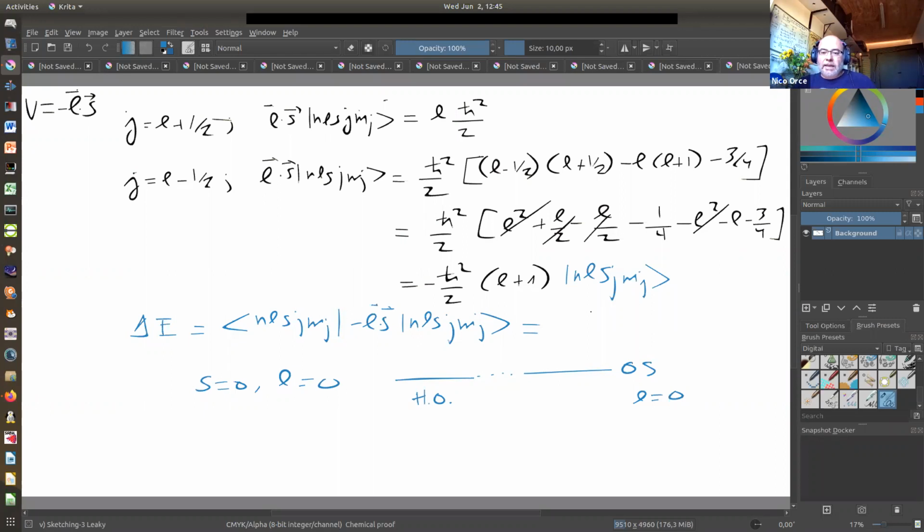So delta E is equal to 0, right? Because at the end, this energy here is equal to l h bar square over 2. For the case of l equal to 0, we only have j equal to 1/2.